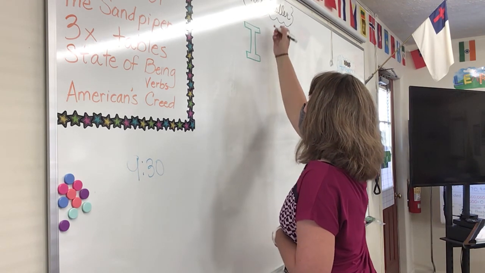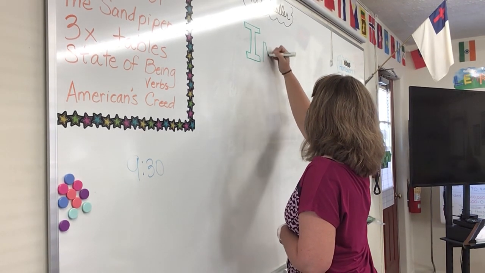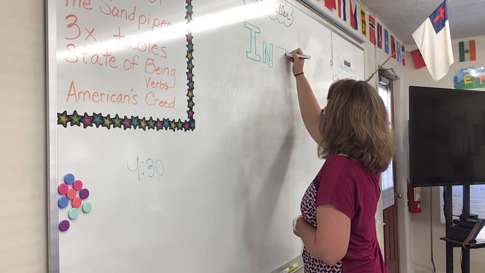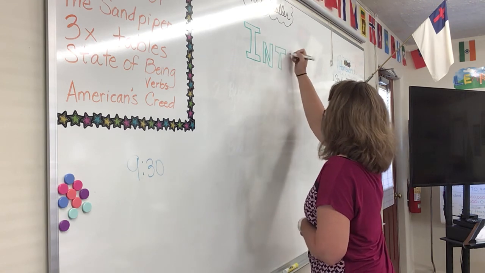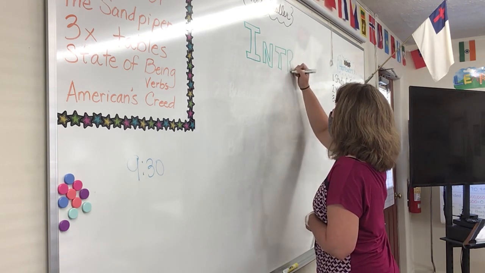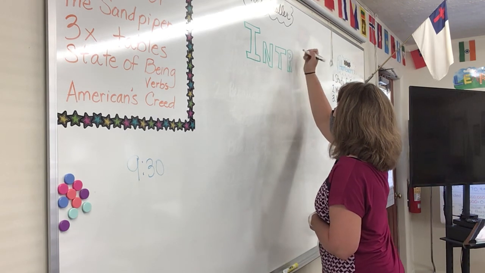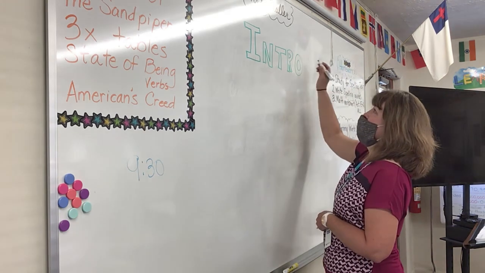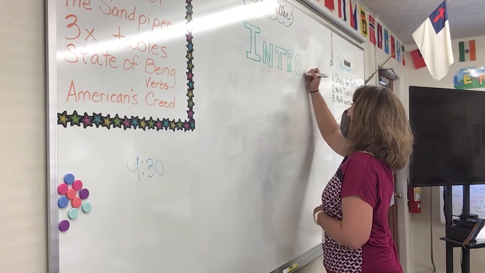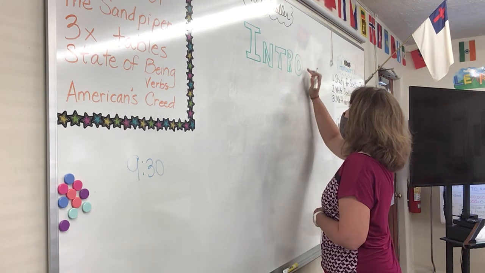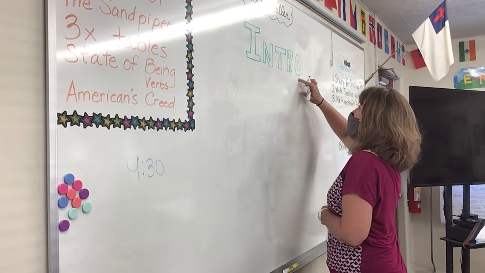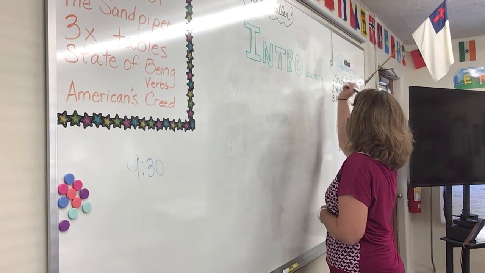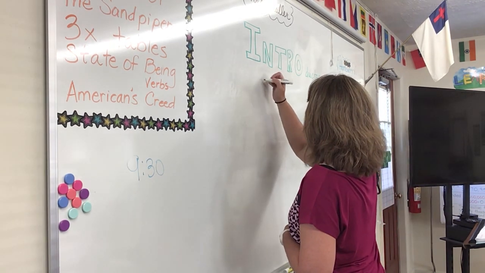You can even do bubble letters if you want, or you can just write it. And for time's sake, I'm just going to write intro, period. If you want to write the whole word, you would do introductory. Words.